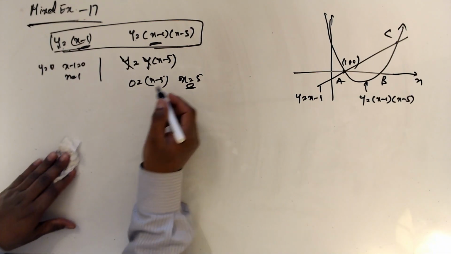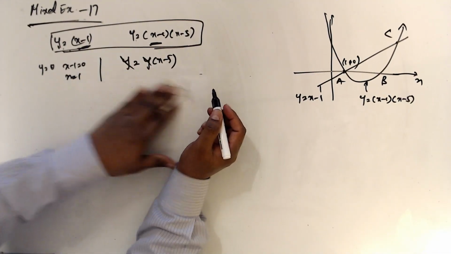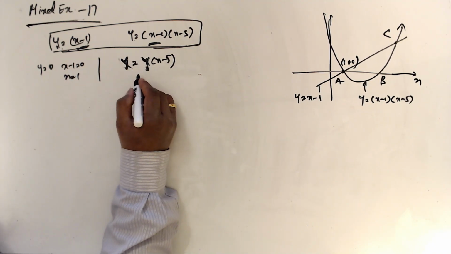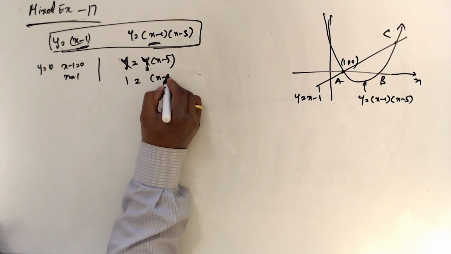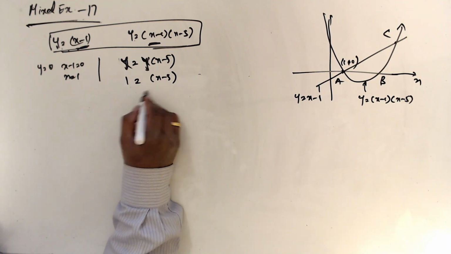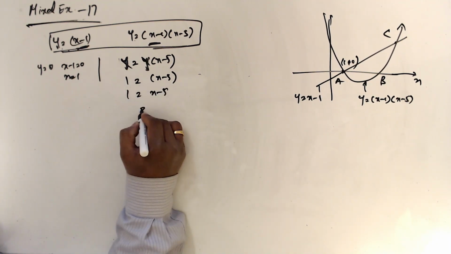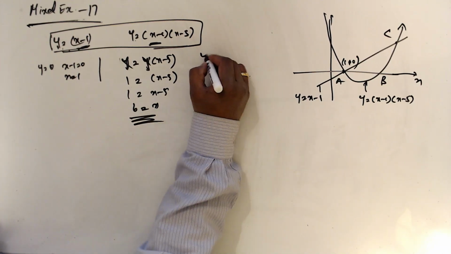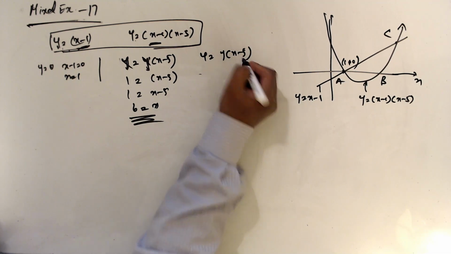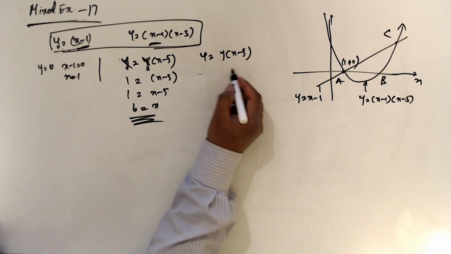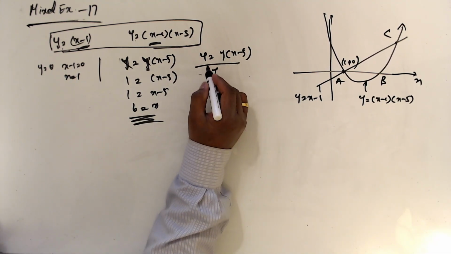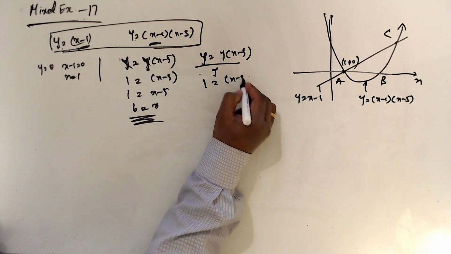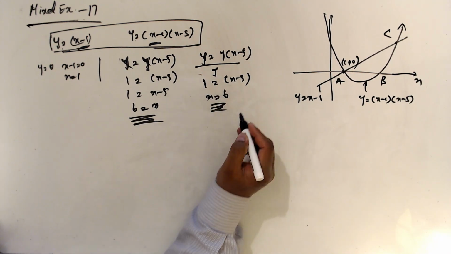Sorry, this is not x equal 5. This is 1 equal x minus 5. So 1 equal x minus 5, x equal 6. We have y equal y times x minus 5, so when we divide both sides by y, y cancels out, leaving 1. This is x minus 5. So x equal 6.